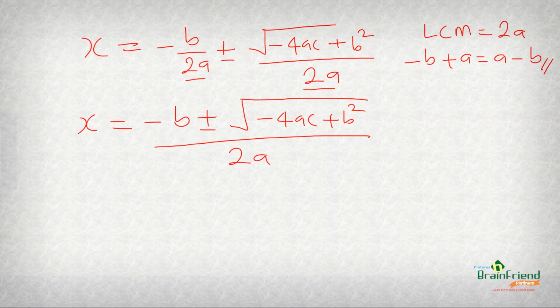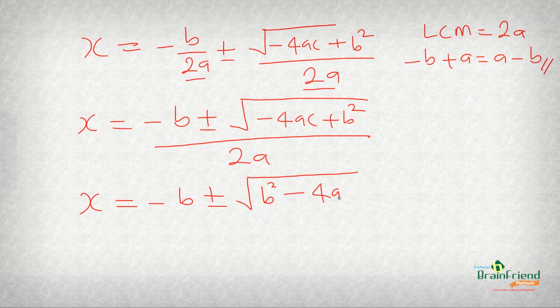Okay, so now by rearranging what is in the square root, we can now have x is equal to minus b plus or minus square root of b squared minus 4ac all divided by 2a. Let's call this equation 6.